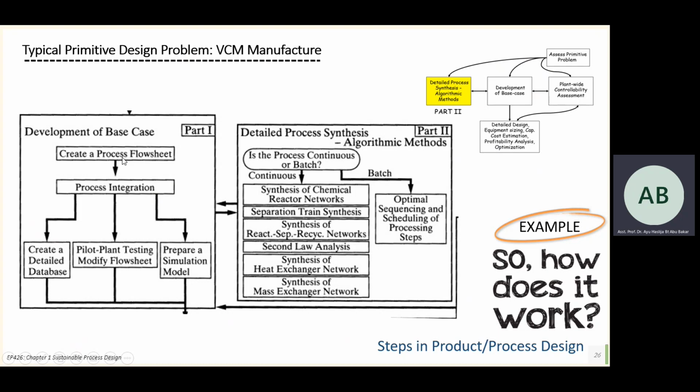How is your process? Reaction, then filtration, then get your product, something like that. Okay, after that, go for process integration. Which part can you integrate in order to optimize it.